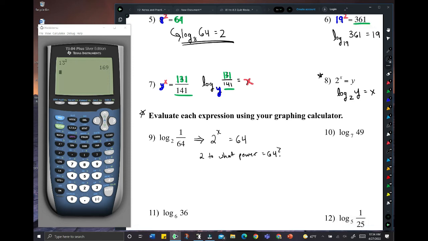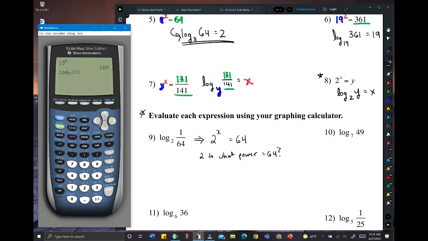There's also a way to do this in the calculator. With your graphing calculator, and it is important you have a graphing calculator for this, we are going to go under Math, and scroll on down to log base.